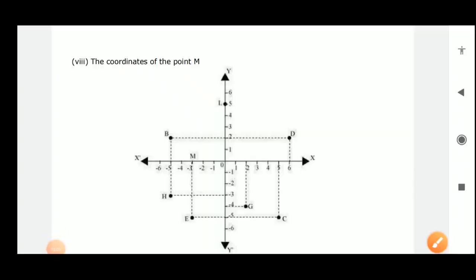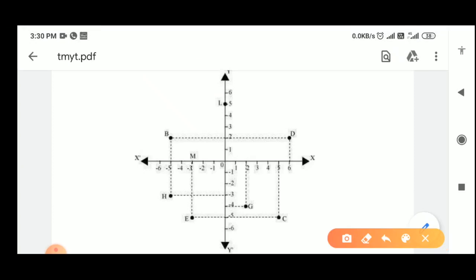Now this is question number 2 of exercise 3.2. In this question you have to find out the coordinates of all the given points: point B, C, D, E, G, H, L, M, etc. We will start from point B. First check the x coordinate.